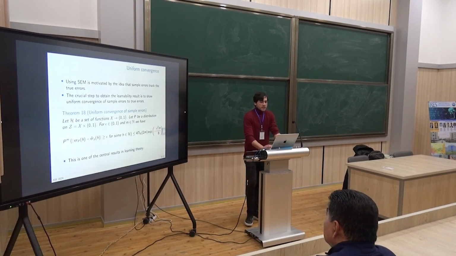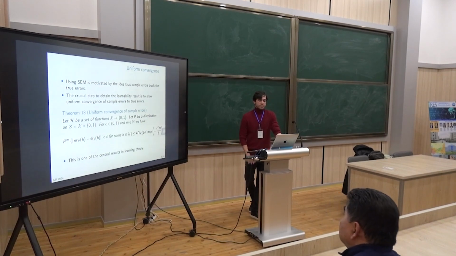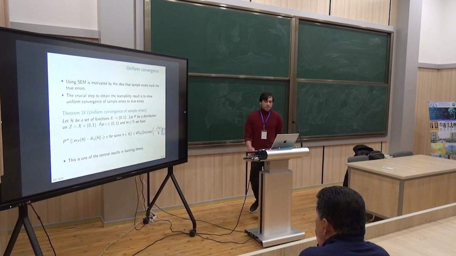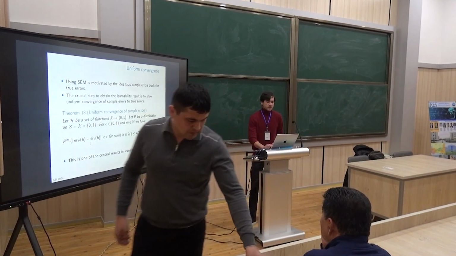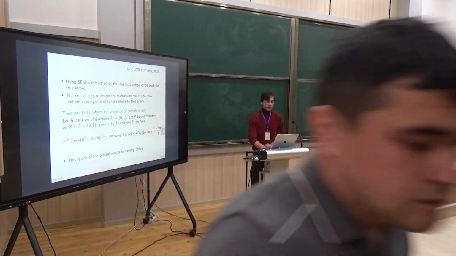We look at the discrepancy between the actual error of a function and the empirical error, the sample error, of that function. And we want to consider the bad event that this discrepancy is bigger than epsilon. Epsilon is our, let's say, desired accuracy. And we're going to consider all those events, for all possible functions in our class.